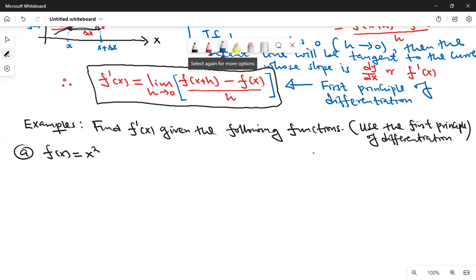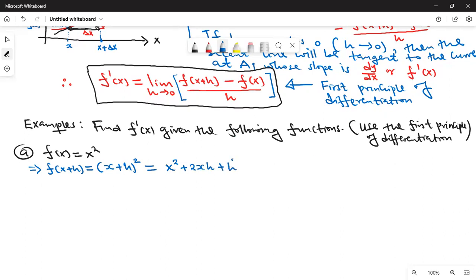So given f of x is x squared, this implies that f of x plus h will be equal to, where there is x in f of x, we are now going to replace it by x plus h. So instead of x, we are going to write x plus h. And remember, this is squared. If I expand it, that will give us x squared plus 2xh plus h squared. Remember, a plus b squared, binomial expansion, you get that.